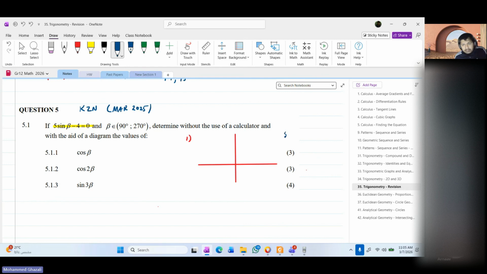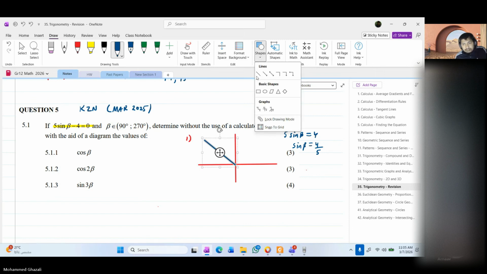So we have 5 sine beta is equal to 4. Take it over, and then sine beta is equal to 4 over 5. This is positive, and 90 to 270, so it will be in the second quadrant, where sine is positive.